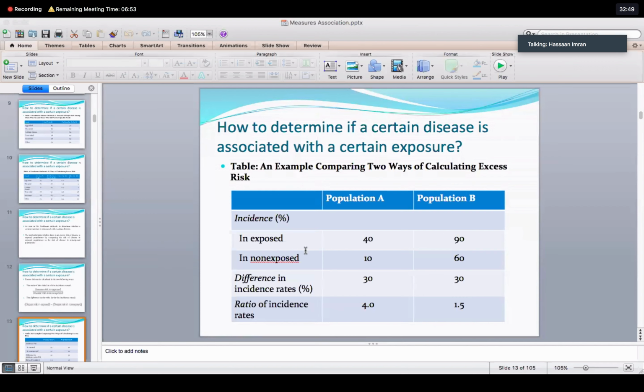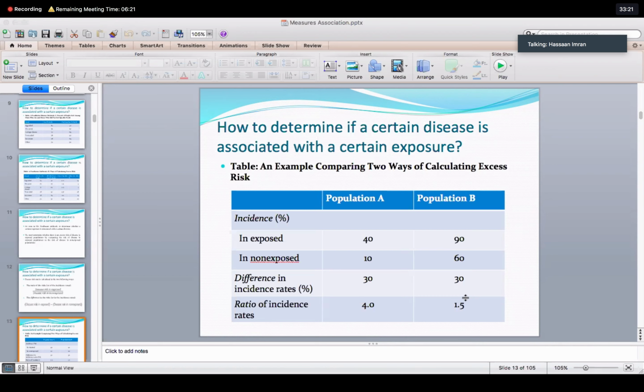So if we look at the difference measures, we simply subtract. And once we take a ratio, this comes out to be 4, and here this comes out to be 1.5. So whatever risk you are looking for, or whatever disease you are studying, this means that those who have that particular risk have 4 times more risk to develop the disease as compared to the non-exposed.